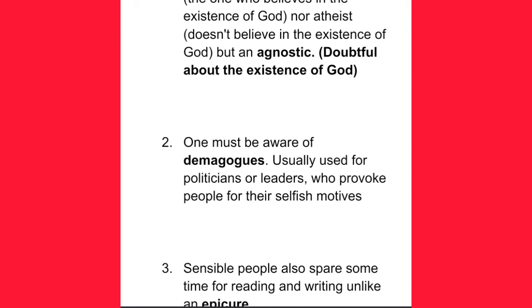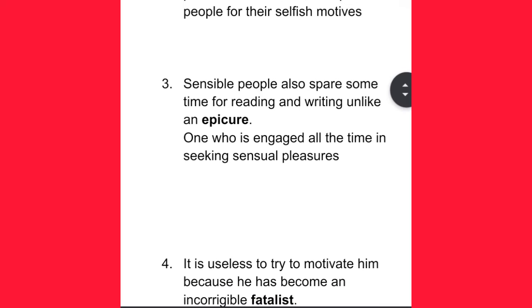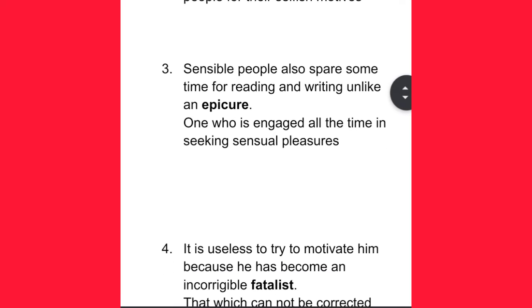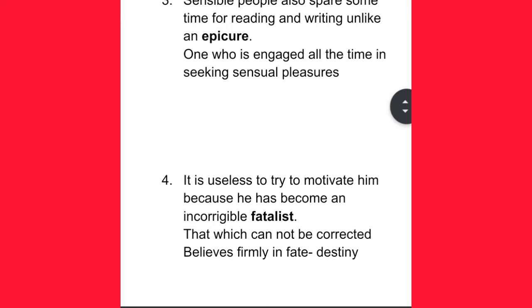All right. Third one is epicure. And the example is, sensible people also spare some time for reading and writing, unlike an epicure. That means epicure is somebody who does not pay much attention to gaining knowledge and all that. He is somebody, or she is somebody, who engages himself or herself most of the time in seeking pleasures of senses.